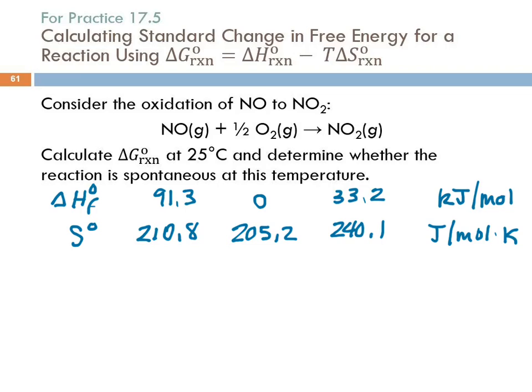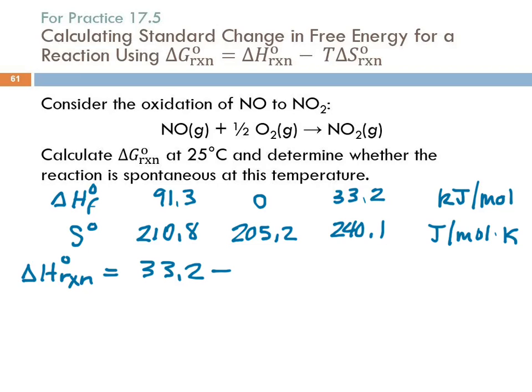So now we're going to calculate, I'll just do delta H first, the change in enthalpy for the reaction. We're going to take the heats of formation for the products, here there's only one, times the coefficient, and we're going to subtract the heats of formation for the reactants times their coefficients. So we end up with 1 times 33.2.